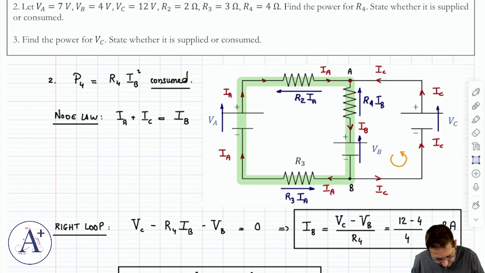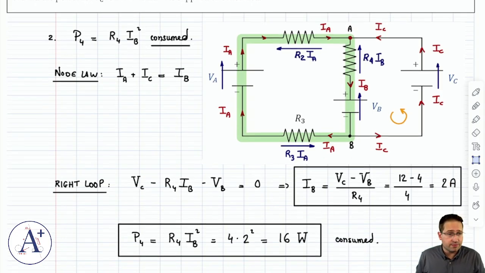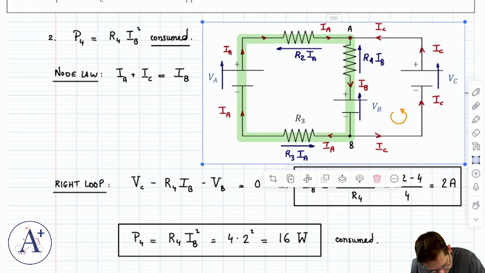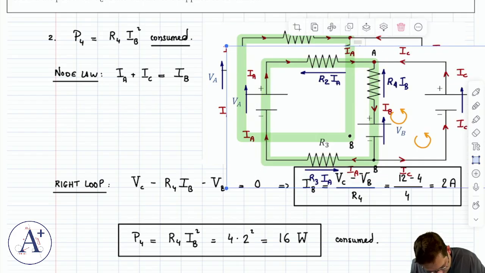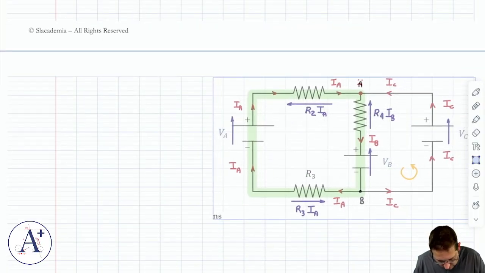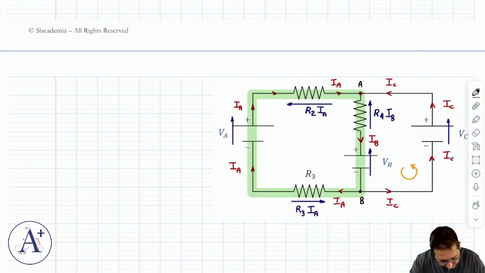To do that, probably going to use the left loop, right? And let me see if I can make a copy of the whole thing without messing this up. Oh, there we go. Okay. All right, so then I'm going to solve for IA first, and then I'm going to get IC. Okay, so the left loop.